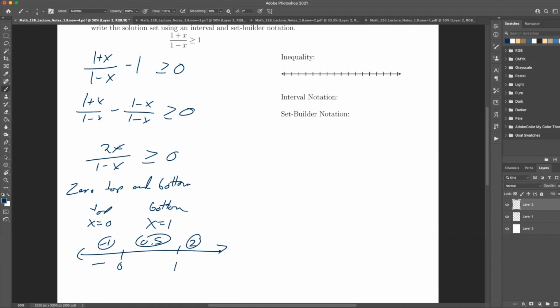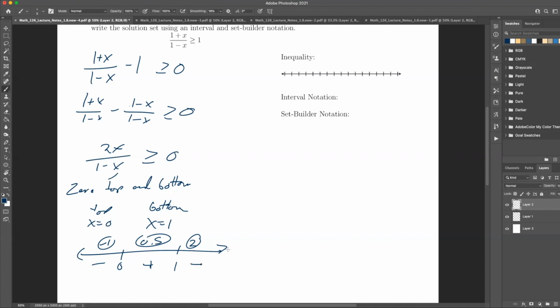If I have 0.5, this is positive over positive, so this is positive: 0.5 would give me 1 up top, 1 minus 0.5 would give me 0.5, so 1 divided by 0.5 is overall positive.